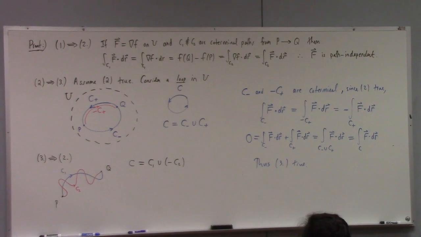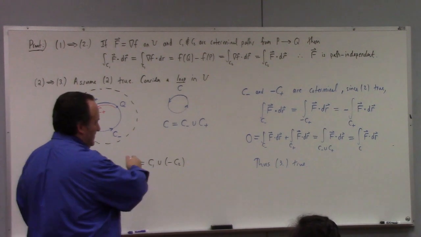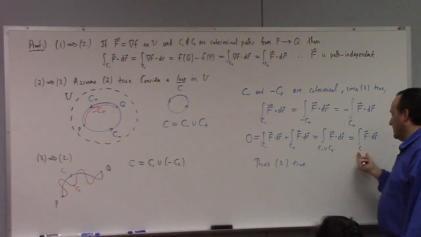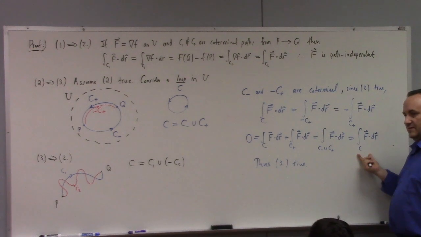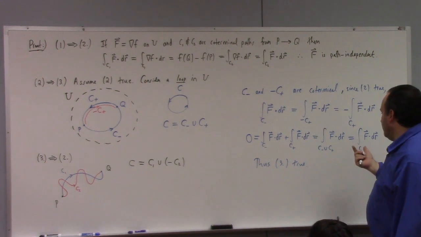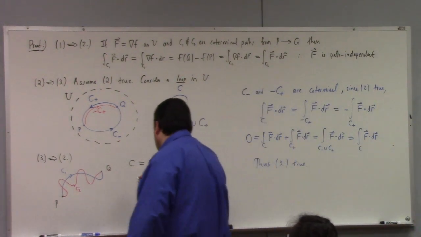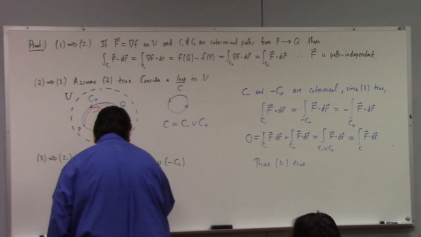But if the integral along C is 0, I think you can see it in this calculation right here. If we know that the integral along C is equal to 0, and we know that C is formed by the union, I'll just write it out. It's easier to write than to talk through.